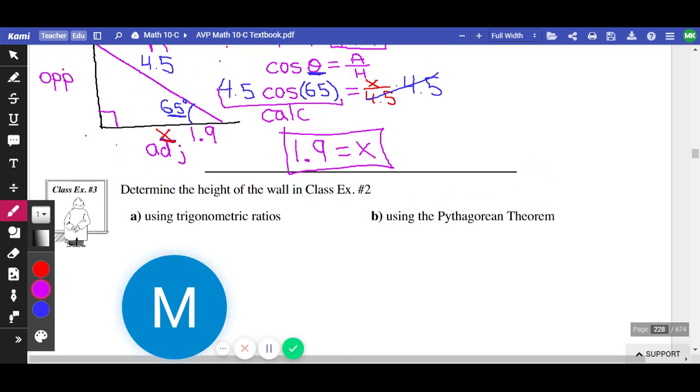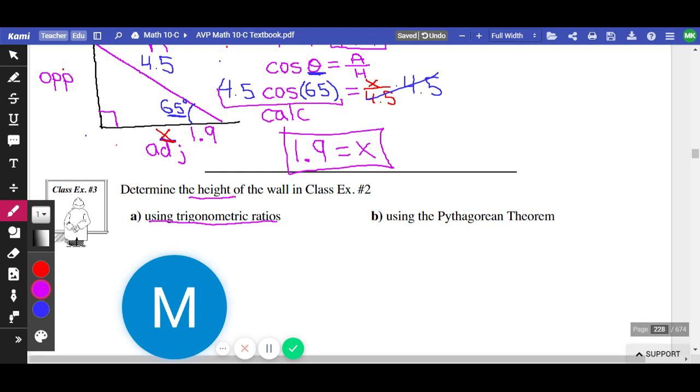So let's try to determine the height of the wall using a trig ratio. That means using Sohcahtoa. All right, first step, label your triangle. We've already done that. Opposite, adjacent, hypotenuse. We're going to pretend that we don't know the adjacent.